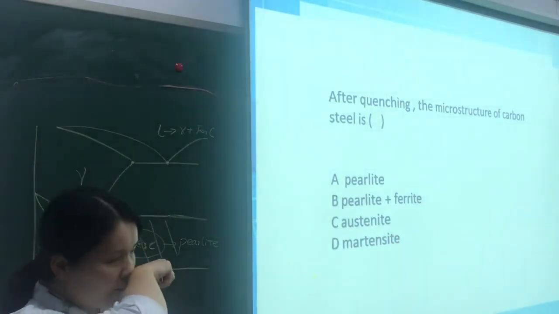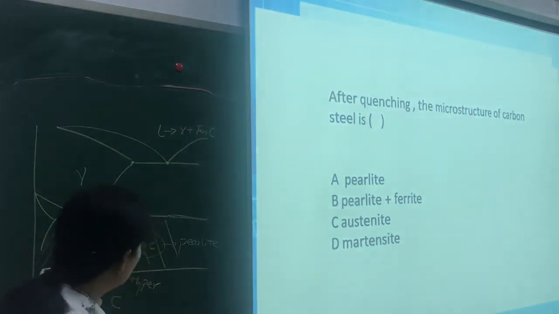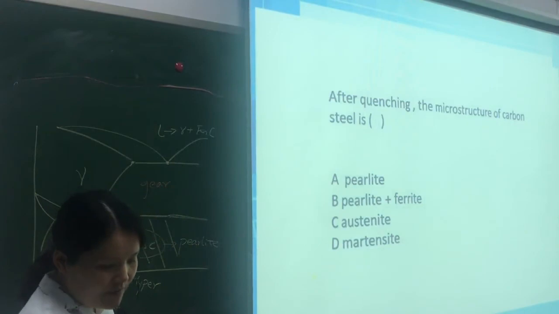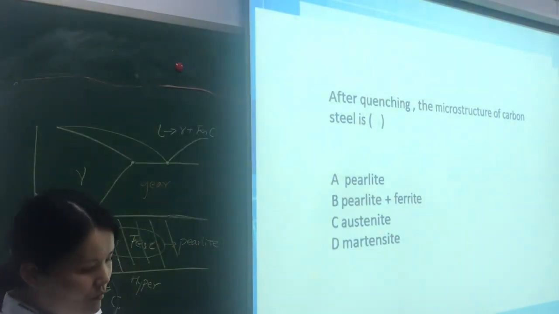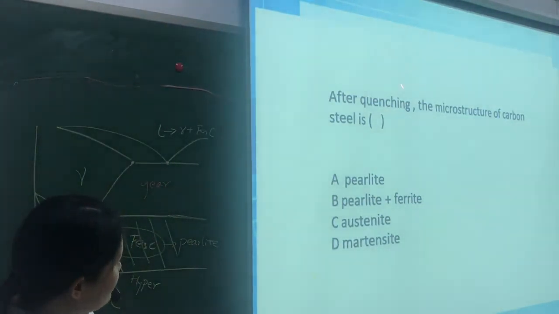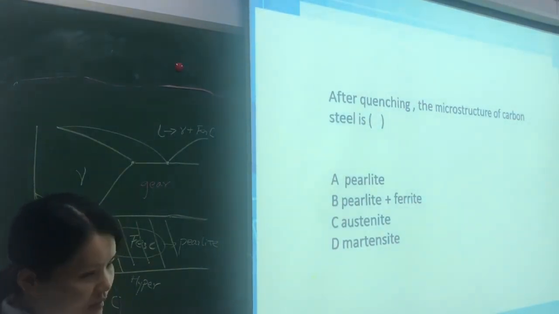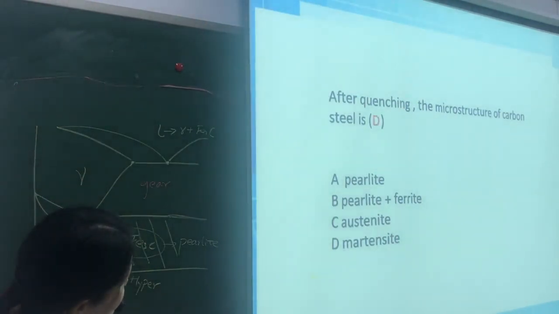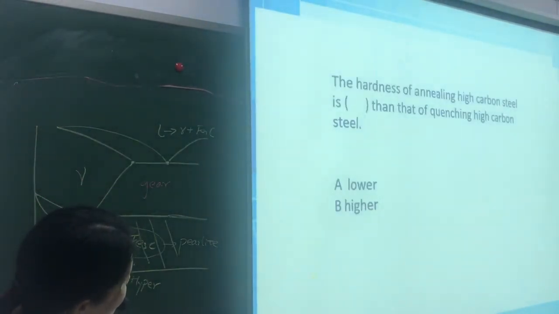If we use a gear, the gear surface needs hardness, so we quench it and form martensite in the surface. This is martensite. And the hardness of annealed high carbon steel is lower or higher than that of quenched high carbon steel?